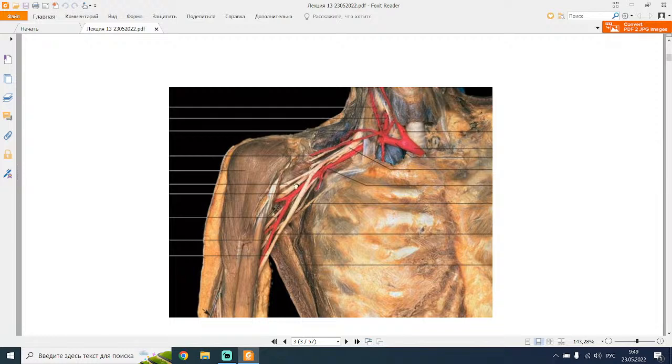You see arteria axillaris. Plexus brachialis.